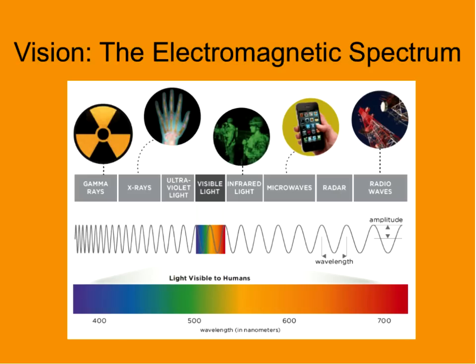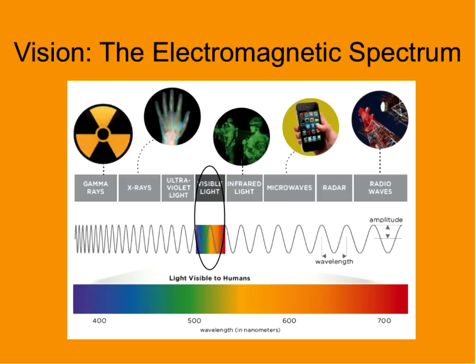So let's begin by talking about vision. Vision is a sense that we have that is tuned to a very thin band of the full electromagnetic spectrum. That's really the point of this slide, that visible light is only a thin band within the full electromagnetic spectrum.